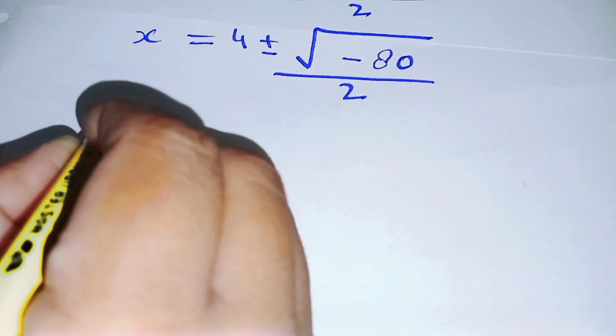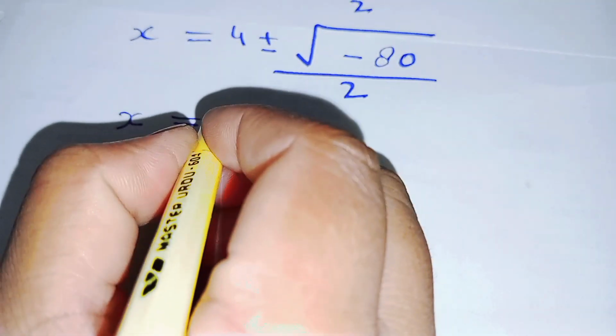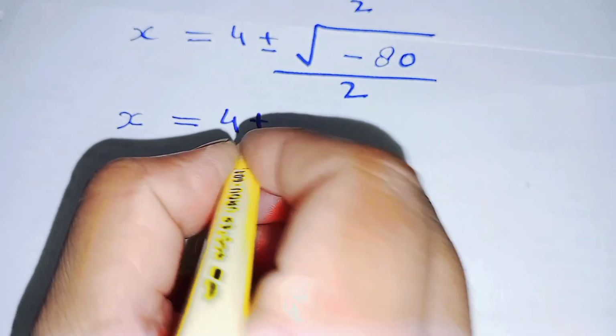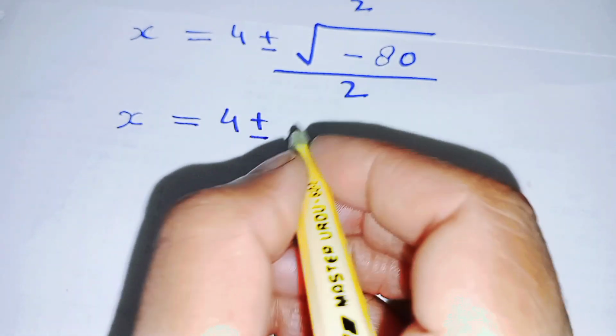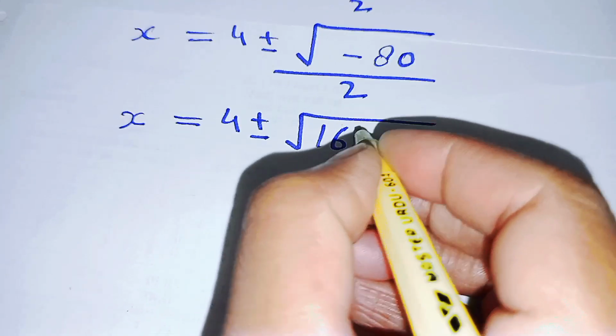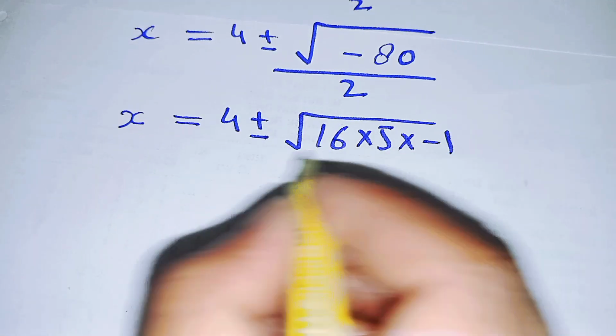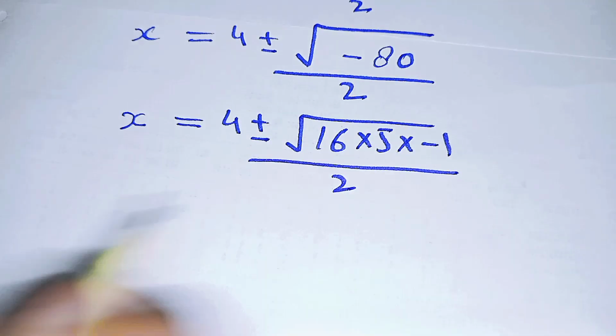Now x is equal to 4 plus minus, and minus 80 can be written as 16 times 5 times minus 1, over 2.